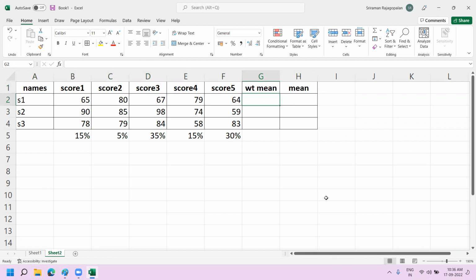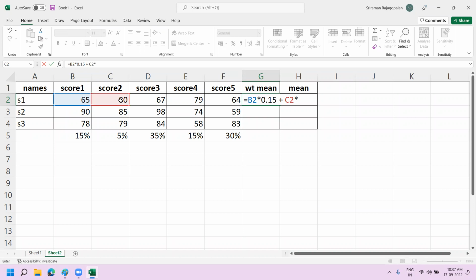So let's do the first calculation. There is no inbuilt formula. We have to do it manually. So for the first one, it is 15%. So 65 multiplied by 15%, which is 0.15, plus the second score, which is 80. So C2 multiplied by 5%.